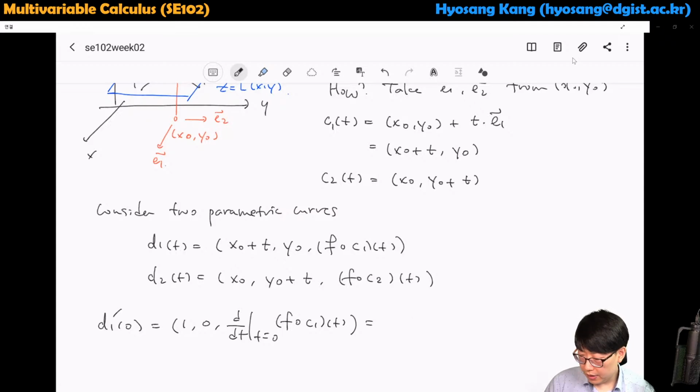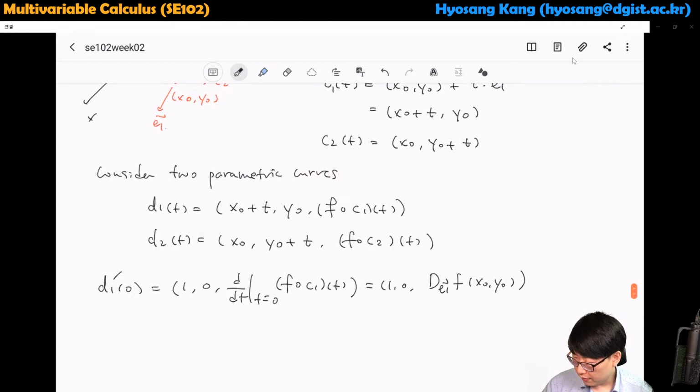We defined this to be the directional derivative of the function f in the direction of C1, which is E1, at (x0, y0). But that's nothing but the partial derivative of f.